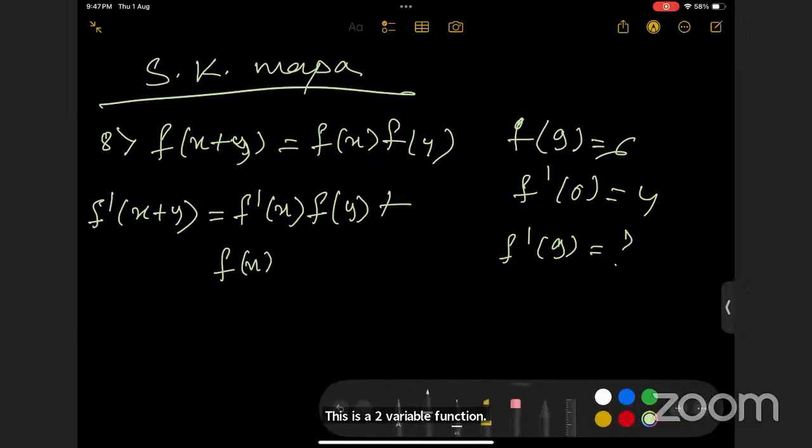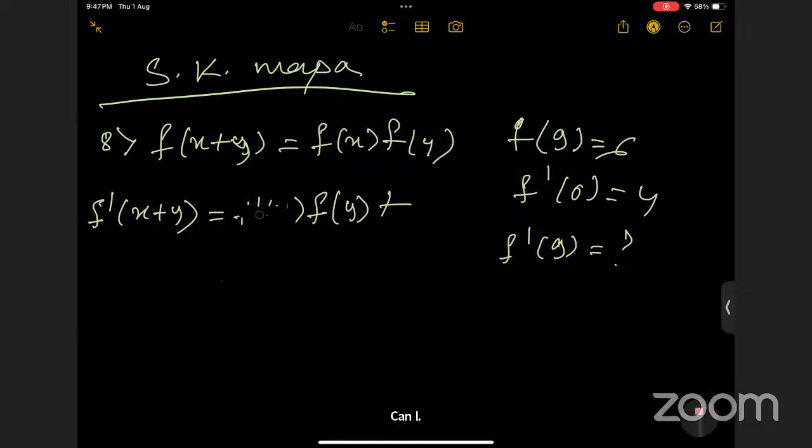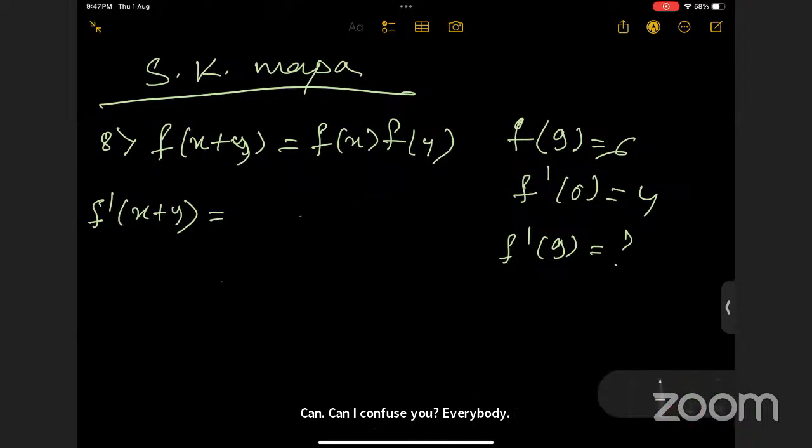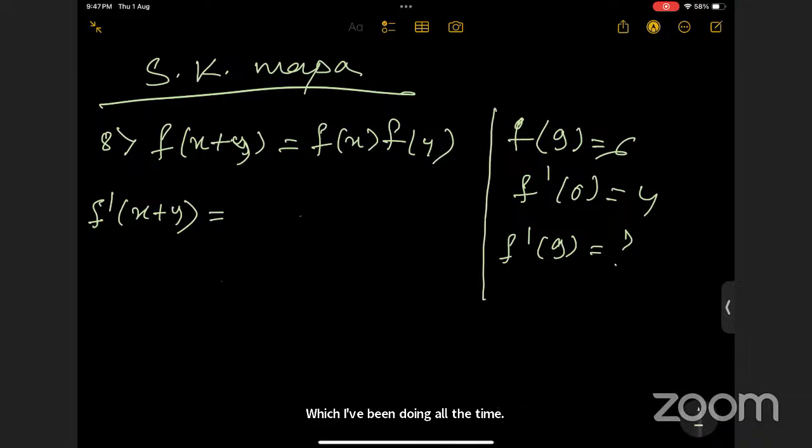Can I confuse everybody, which I have been doing all the time? Is y related to x or is it an independent variable? The question doesn't say whether y is related to x or not. They're two independent variables, I guess. Are they independent? Are they dependent? What do you think? Independent.